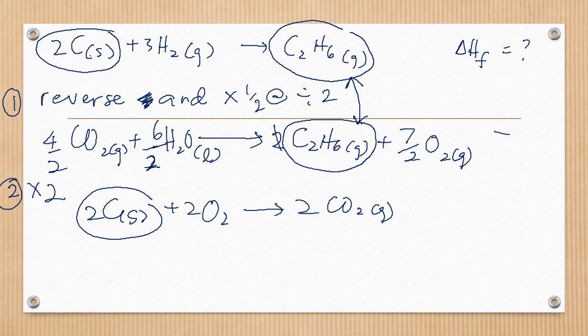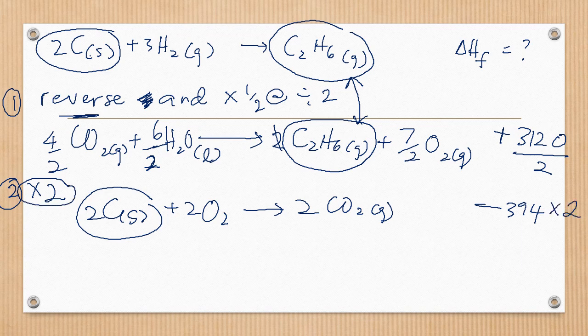This -3120, because we reverse, this one will change to positive and we divide by 2. Okay. And this one is -394, but since we multiply by 2, this one also we have to multiply by 2.